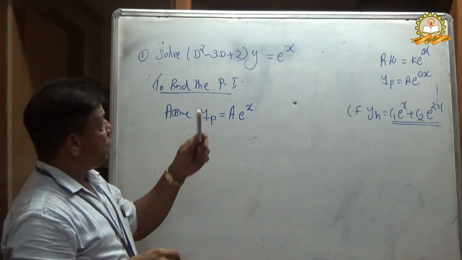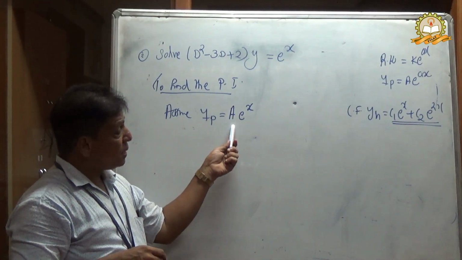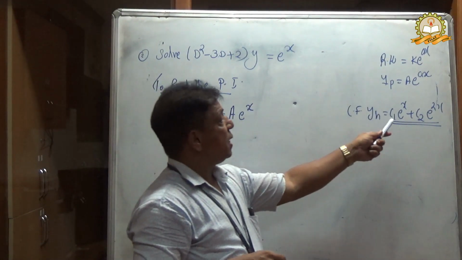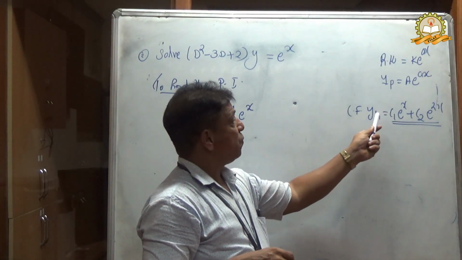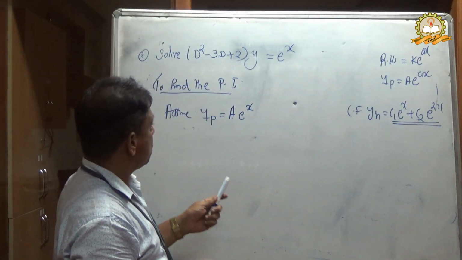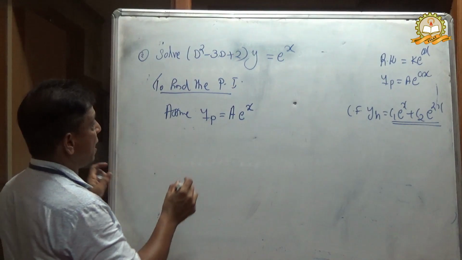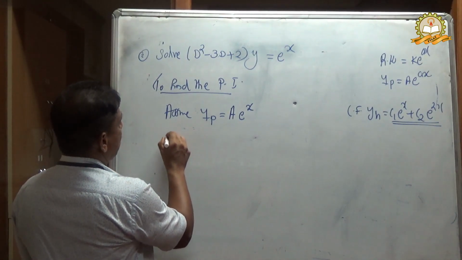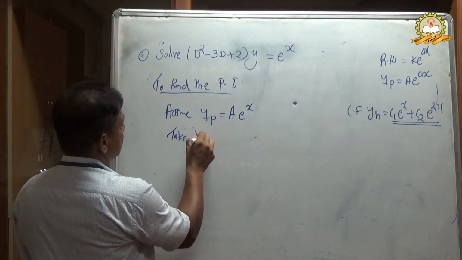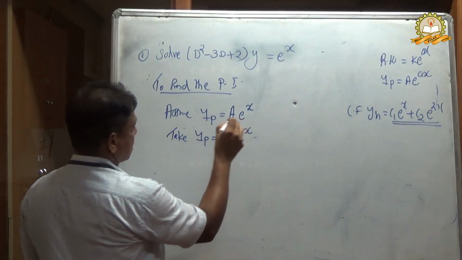But when we take yp as a into e raised to x, the same term appears in the homogeneous solution, yh equals c1 into e raised to x. Therefore, we multiply by x. Therefore, take yp as a into x into e raised to x.